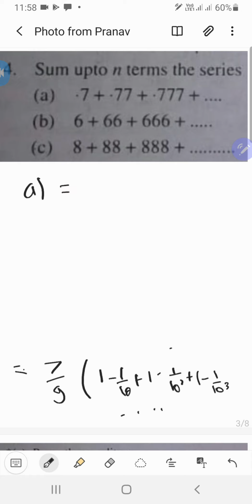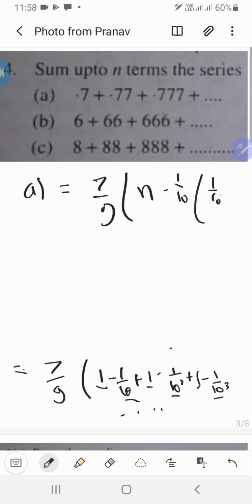That's going to be equal to 7 by 9 into n, since n ones are collected, and then this is a GP with n terms. The first term is minus 1 by 10, the ratio is 1 by 10, so (1 by 10 to the nth power minus 1) upon (1 by 10 minus 1).